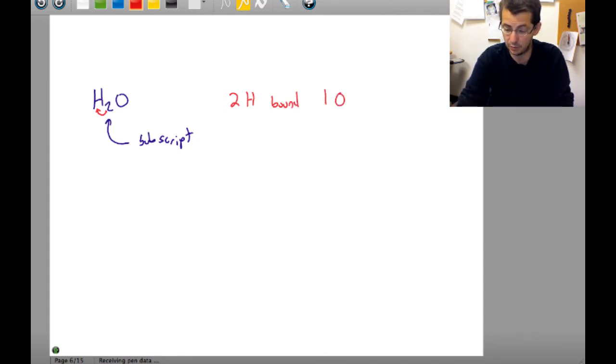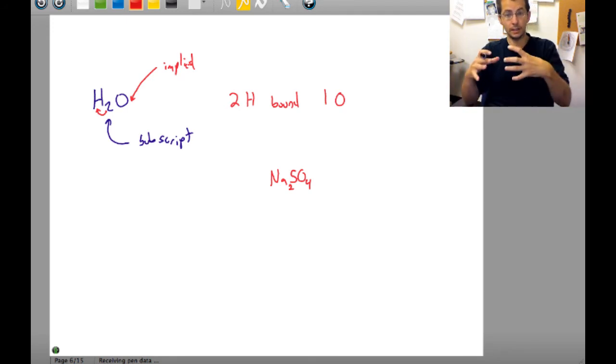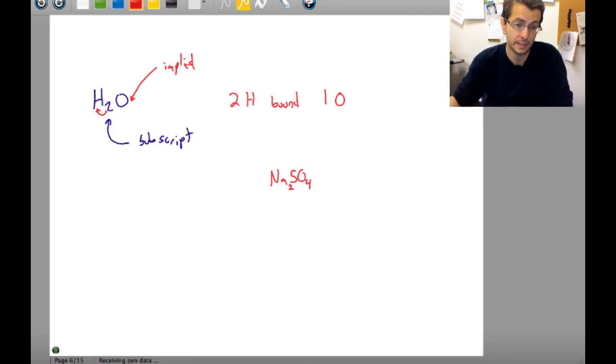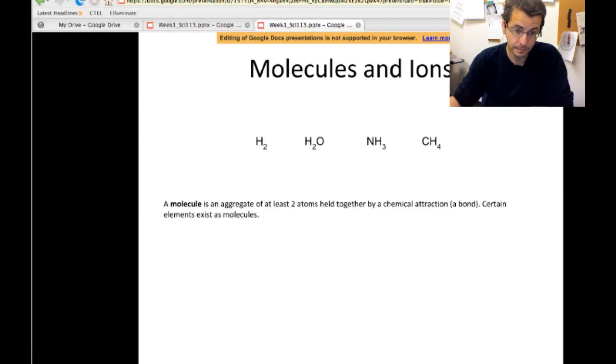Again, there's an implied 1. Now, we have other compounds, such as Na2SO4. Again, this would represent 2 sodium atoms, 1 sulfur, and 4 oxygens, all held together in some sort of unit. So these would be considered some sort of compound.